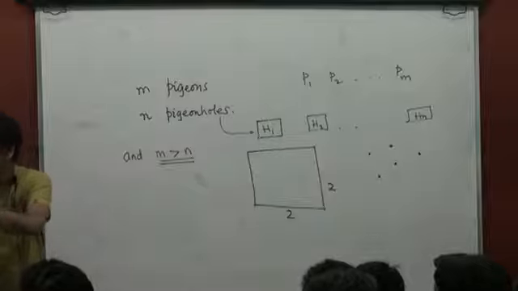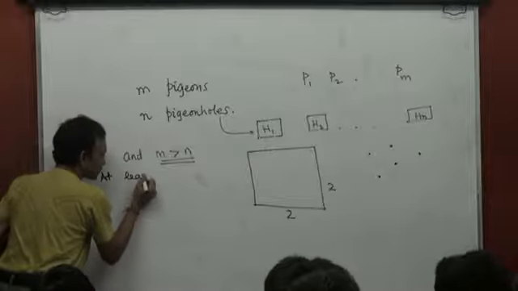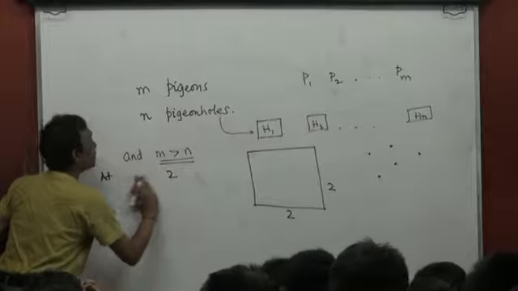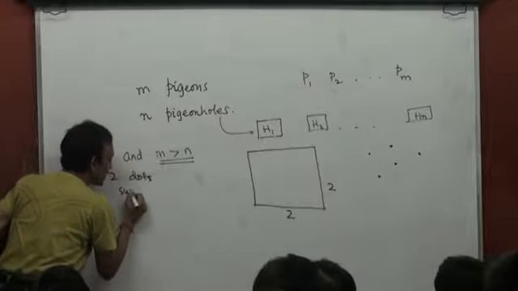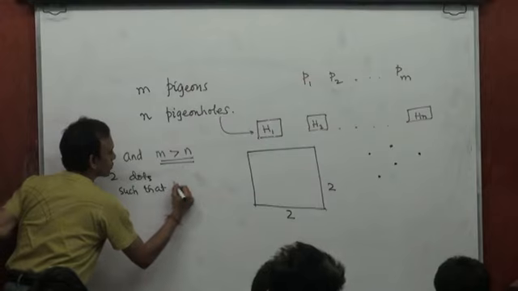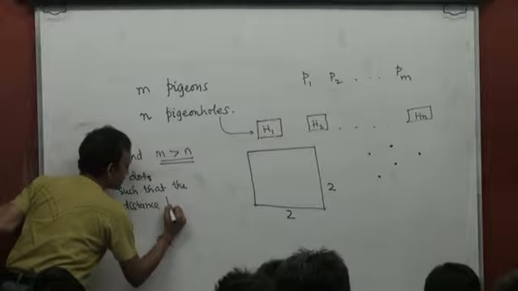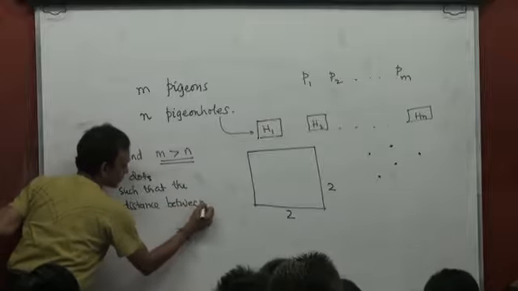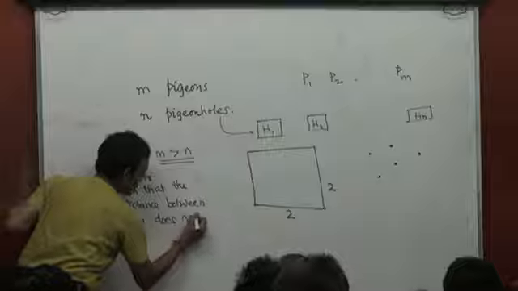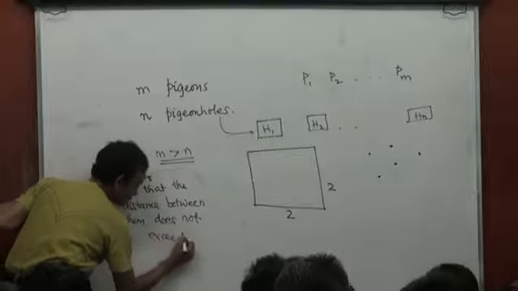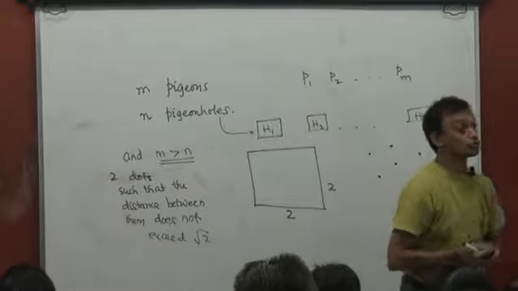There must be 2 dots in every mode of throwing the dots, such that the distance between them does not exceed root 2 units.